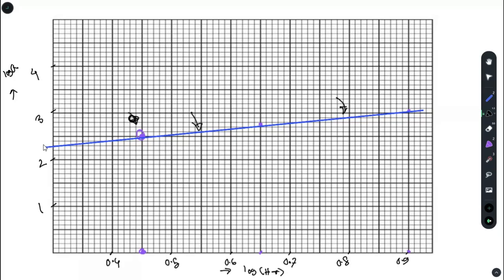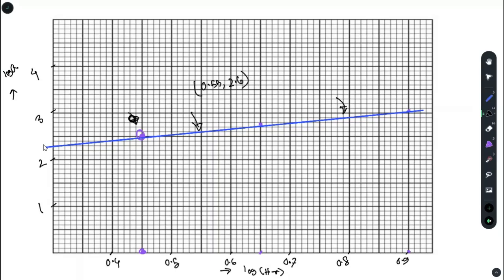For this point, I'll get a value of 0.55, and the height would be 2.6.